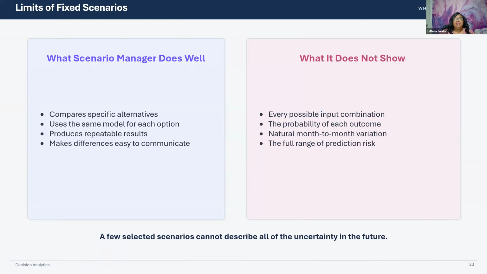Actual business conditions may take on many other values. So the scenario manager doesn't tell us how often an outcome may occur or how widely results may vary over time. And to examine a larger range of possible input combinations, we need a simulation. We need something that's more automatic.